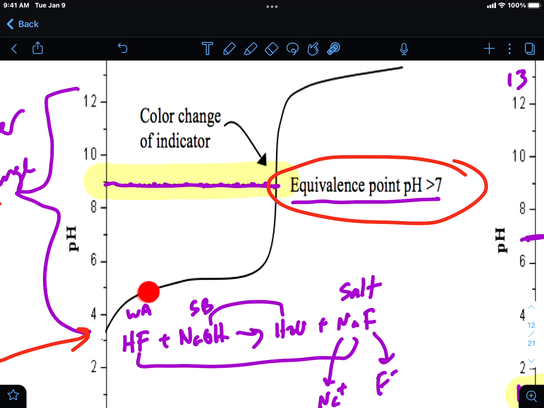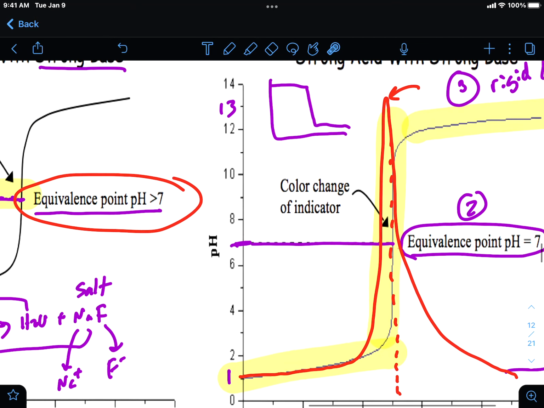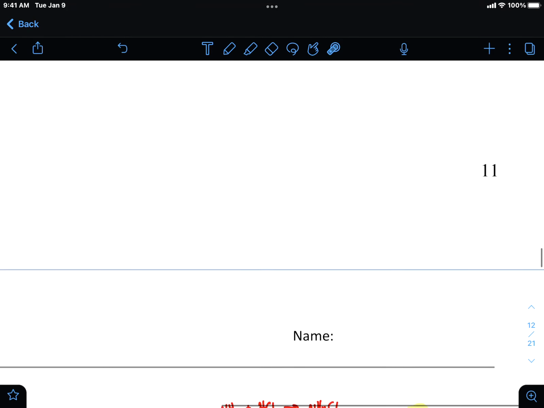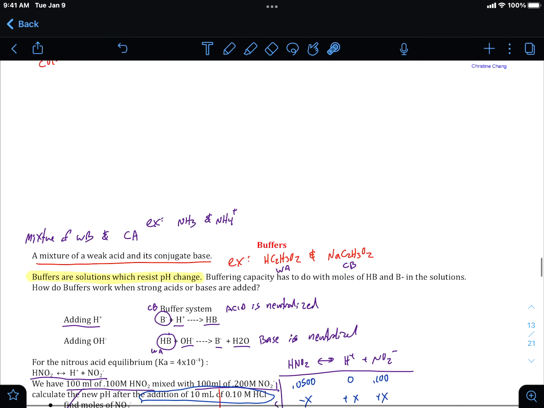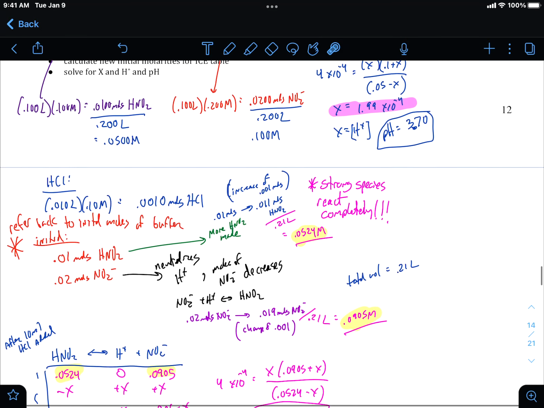It's changing, but not drastically, right? That's because at that part of a titration curve, that's what we call the buffered region. Here and here. The non-jump, the plateau, the flat part. That's what's happening during that flat part.